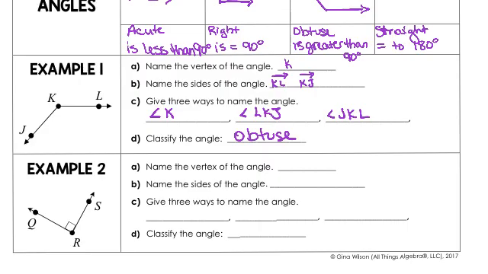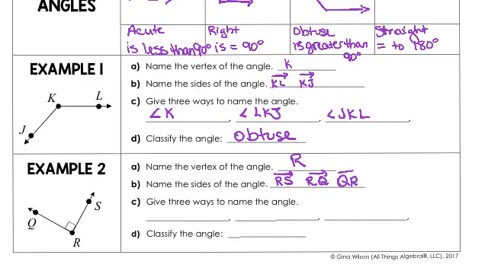Name the vertex of the angle. Name the sides of the angle. There's only 2 sides. RS and RQ. Actually, they said QR, so I guess it does have to stay in alphabetical order.